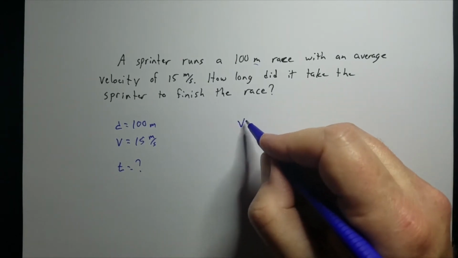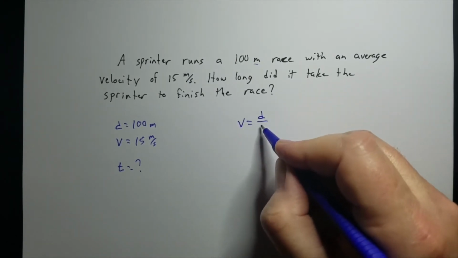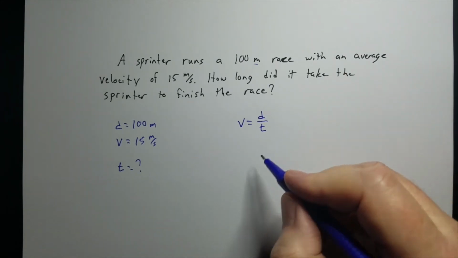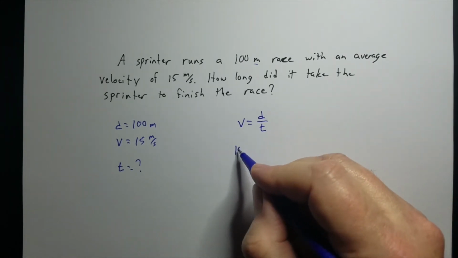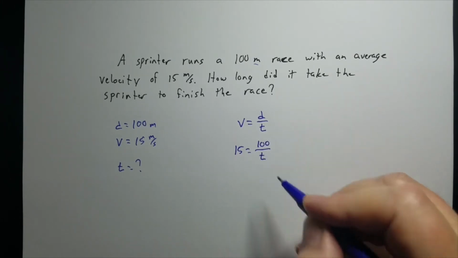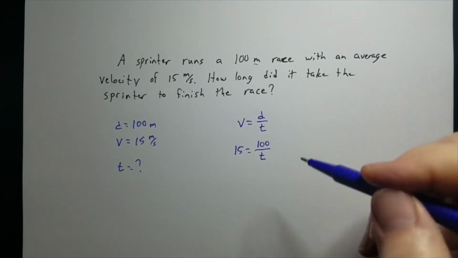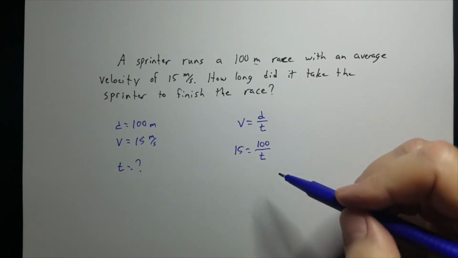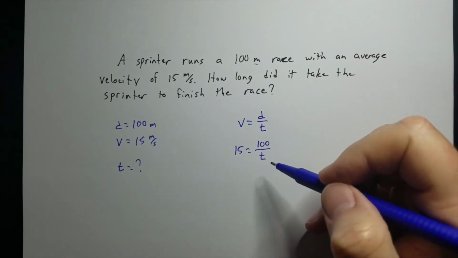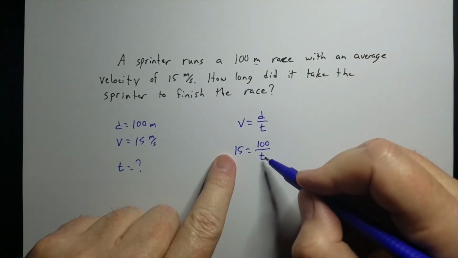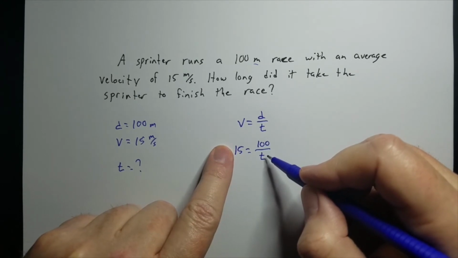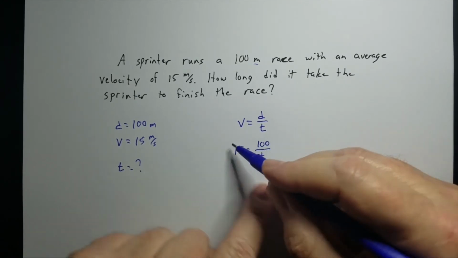So again, start off with the equation. That's something you should show every single time. Then substitute in. V was 15, distance is 100, and we're looking for t. Anytime you're solving for something in the denominator, you can always use the super secret math trick. If you want to solve for t, you simply swap these out.